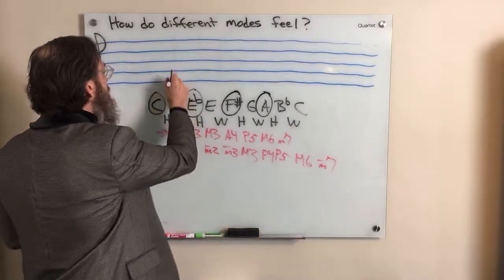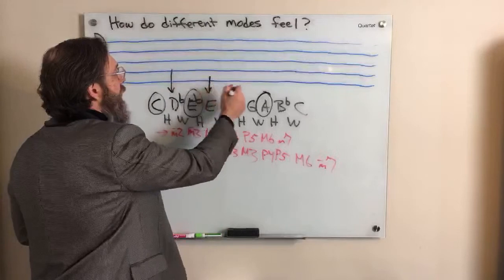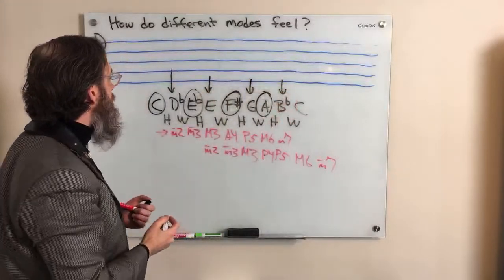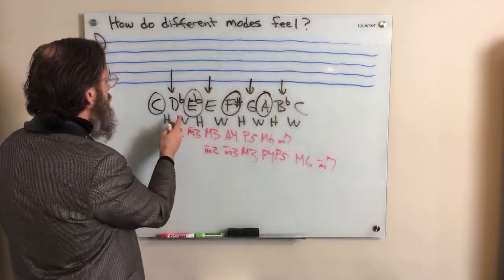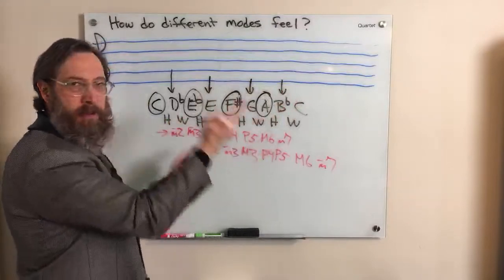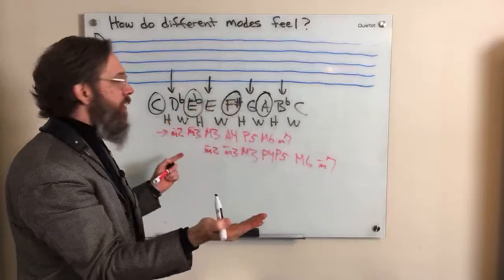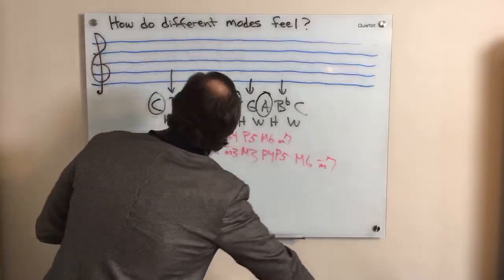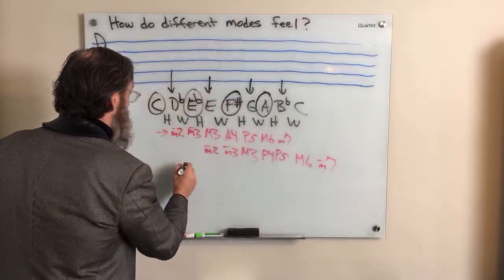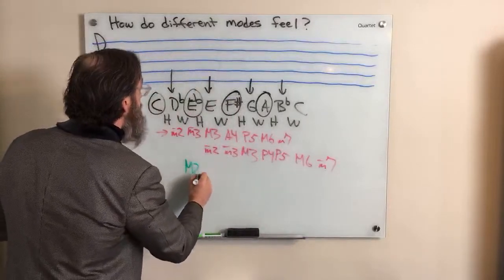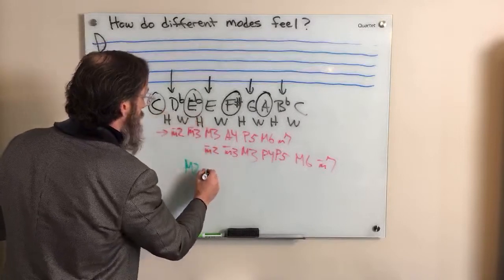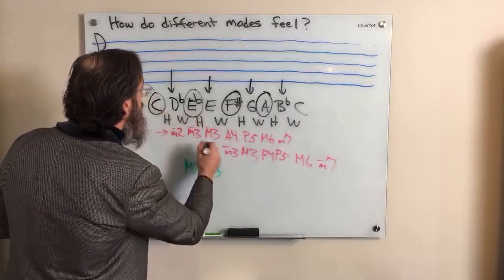The only things that are different is if you were to start on the D flat, E, G, or B flat, right? And then what happens is all the half steps turn into whole steps and all the whole steps turn into half steps. So off of D flat, instead of the minor seconds, we get major second. Then we would call it enharmonically a minor third.